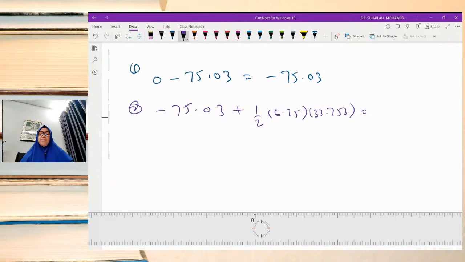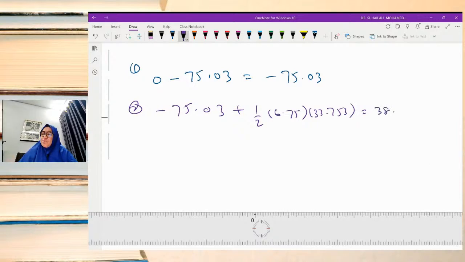Then, please calculate negative 75.03 plus the area of triangular, half times 6.75 times 33.753. What is the answer? 38.89.